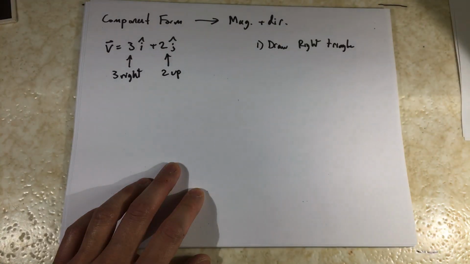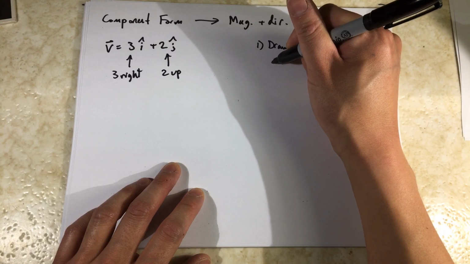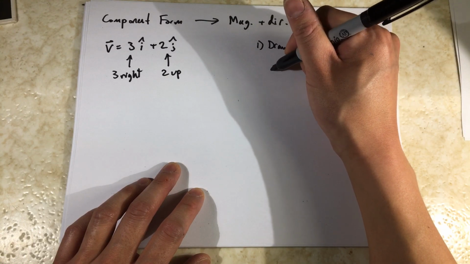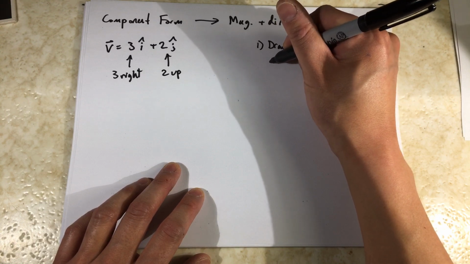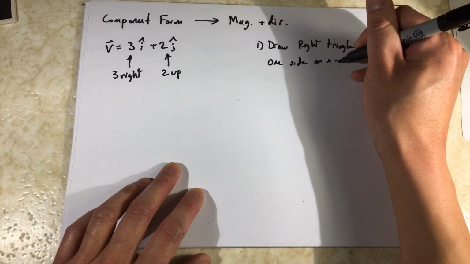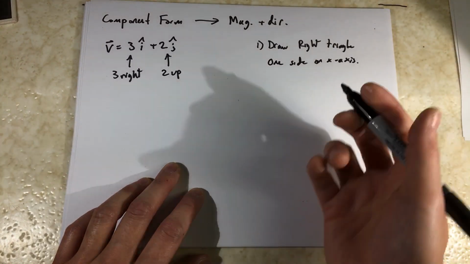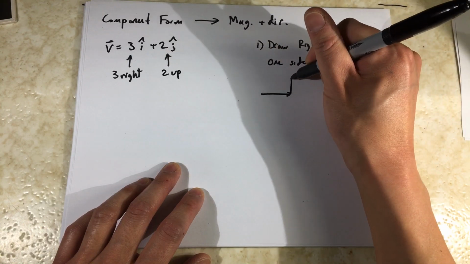So the way I would draw it is I would always draw Vx first. So you always want one side to be along the x-axis. That could be the positive or negative x-axis, so you would move like this, and then you would move upward.